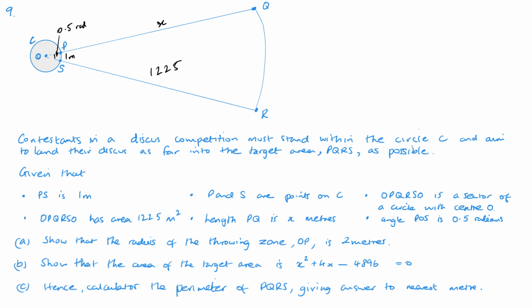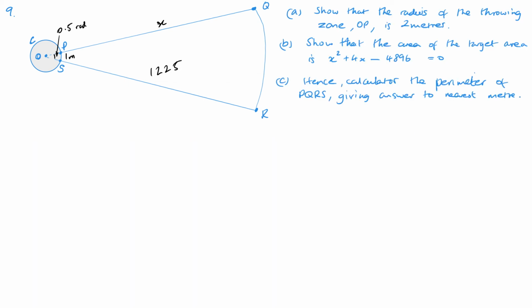Right, let me make some room. Much better. So let's look at part A. So we know arc length equals r theta. We know that the arc length is 1, and we know that theta is 0.5. Okay, or I could write that as, a half r.